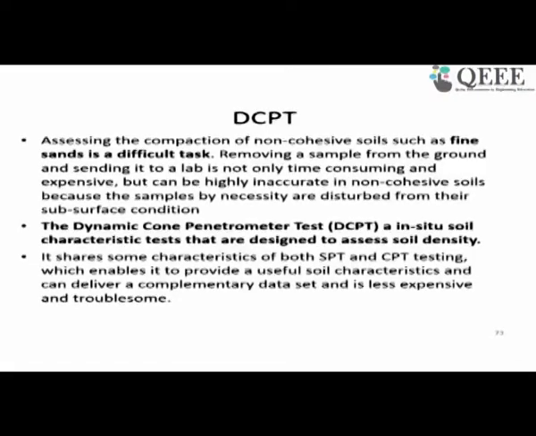In CPT you are driving the cone continuously with automatic recording, but in DCPT it is also continuous penetration with hammering. So it sits in between SPT and CPT, which enables it to provide useful soil characteristics and deliver a complementary data set, and is less expensive and troublesome.